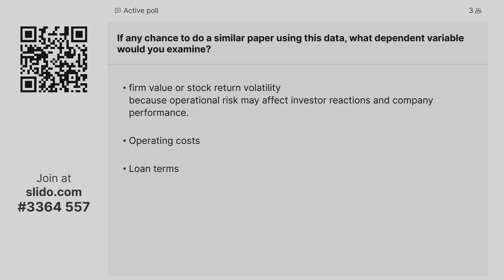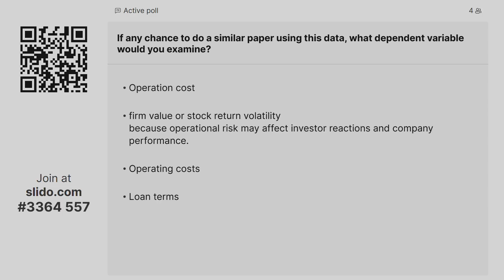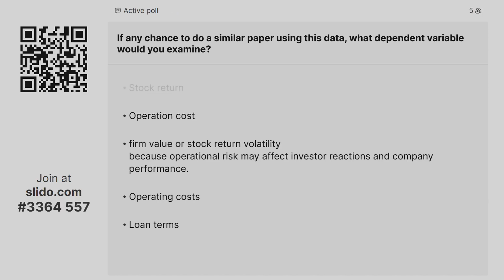Operational cost is the same one. They're using cost of goods sold. Are you mentioning the same one? Okay. You examine stock return volatility. Firm value, Tobin's Q. That's a good one. Because of high risk, high volatility, high risk may discount firm value. Stock return, we have 1, 2, 3, 4. Three to four new papers generated.